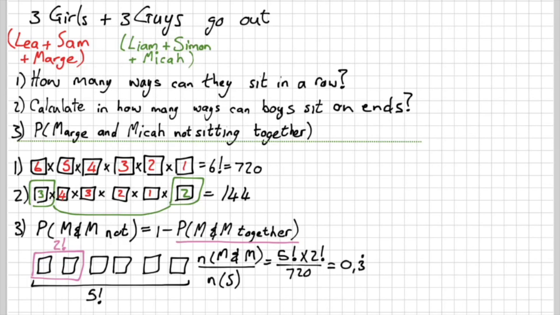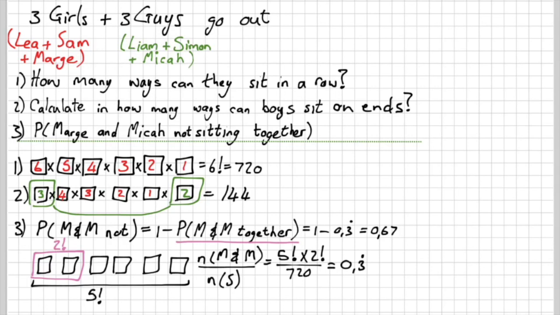So if I want the probability of them not sitting together, it's going to be 1 minus that 0.3 recurring, which is 0.67, so about 66.6 recurring percent. That is the probability of them not sitting together.